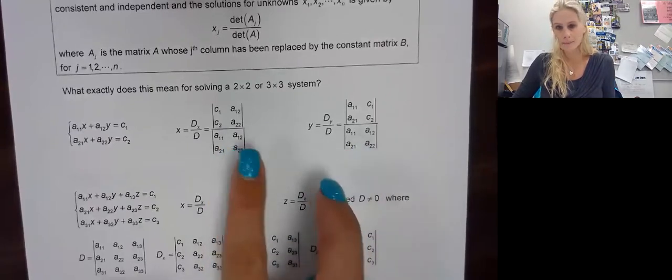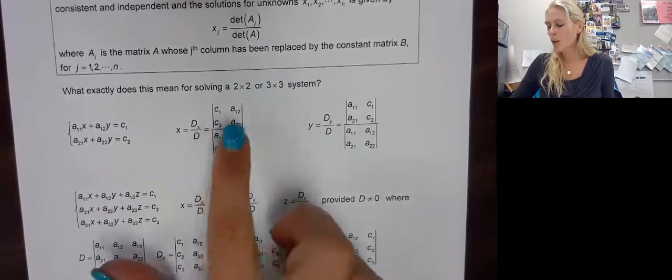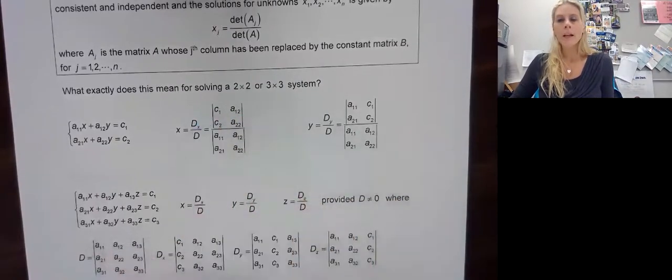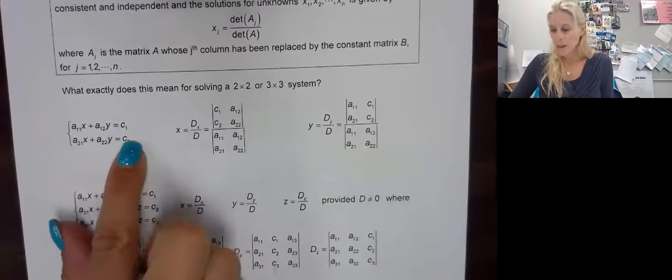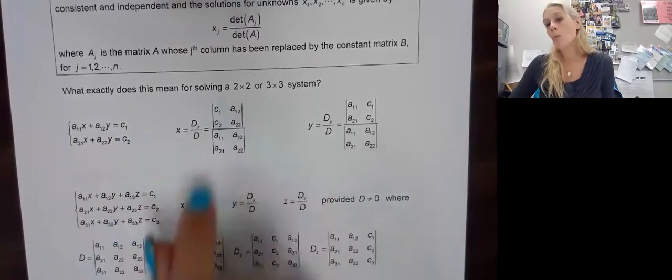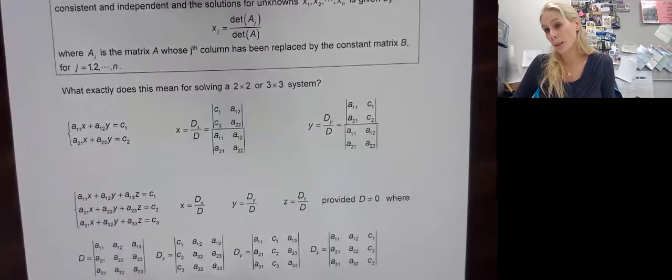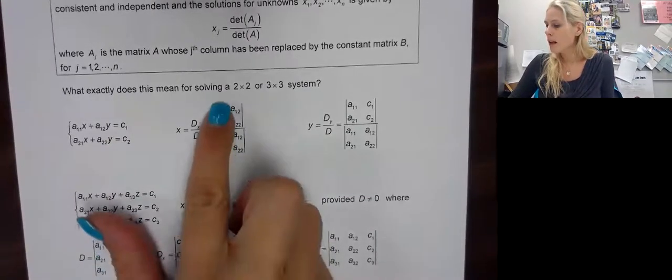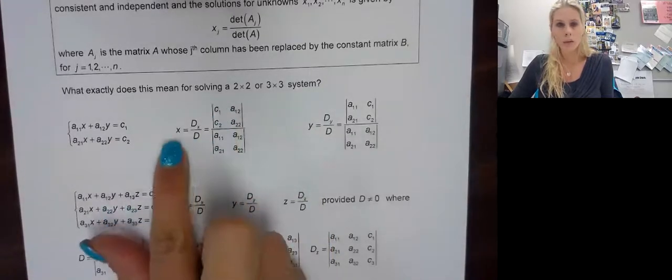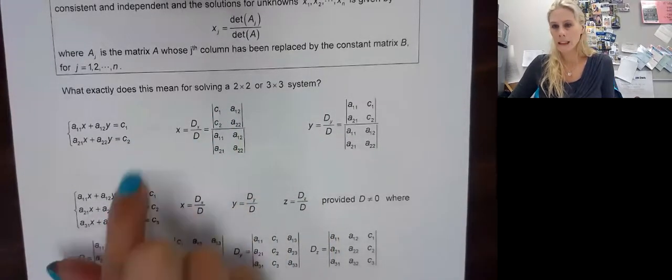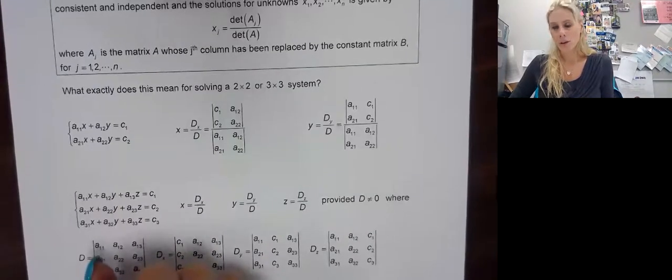You guys see that? But what do you notice about the numerator? The constants are replaced where that variable would have been. So as you see, these values would have been our x values, but since we're finding x, we put the constants there and then take the determinant.